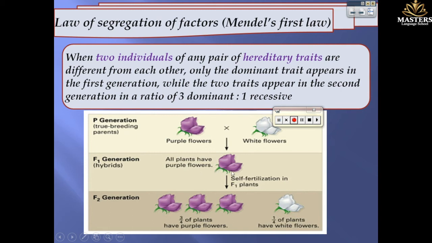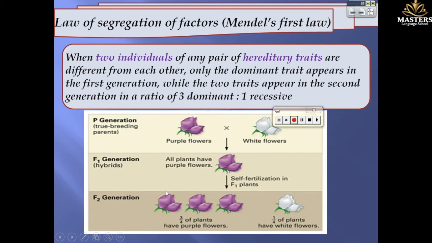and there is no white flower. In this case, the purple flower is called the dominant trait, which appears with a ratio of 100% in the first generation.